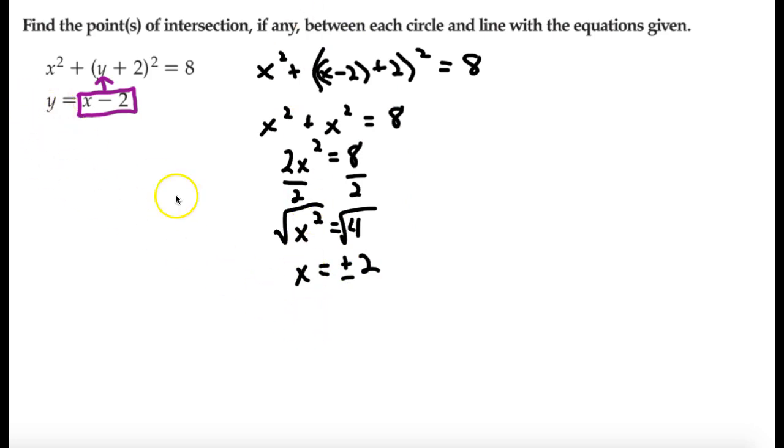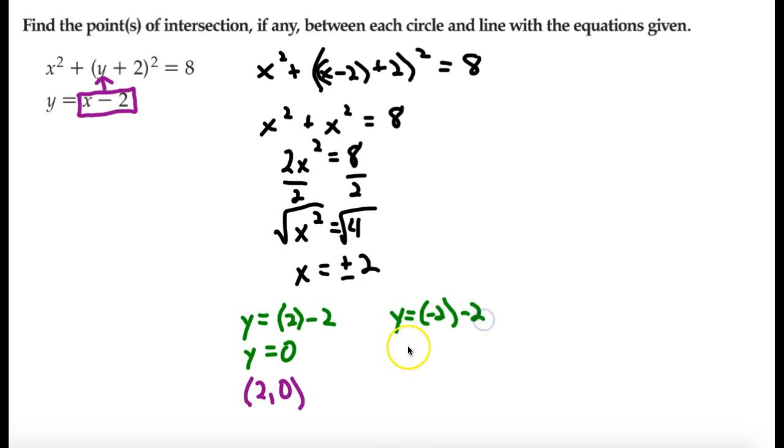So just like we did in the last example, now let's plug both of those in. So if I plug +2 in first, we'll have +2 minus 2. So that's 0. So that gets me the coordinate point 2, 0. And then if I do the same thing for -2, we'll have -2 minus 2, which would be -4.